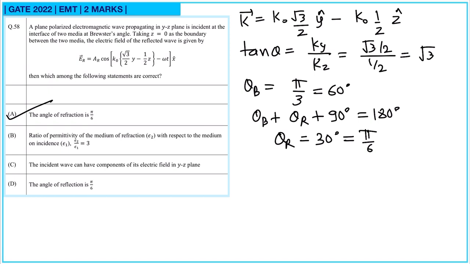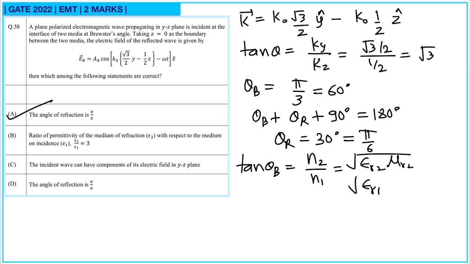Option B is the ratio of permittivity of medium, refractive index epsilon 2 with respect to 1, is this. Now from here we can calculate tan theta B, which is also equal to n2 by n1, and n2 can be written as root of epsilon r2 mu r2 upon root of epsilon r1 mu r1.